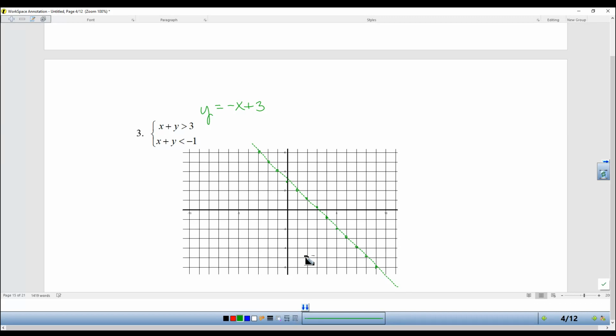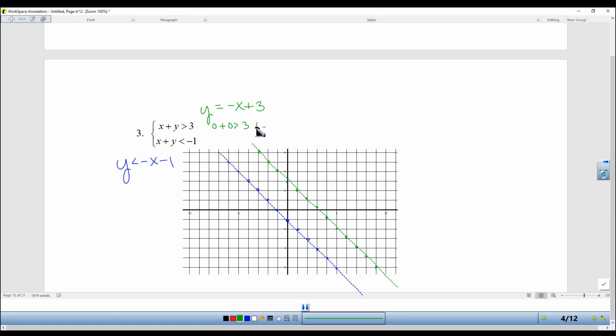And then my other line is y is less than negative x minus 1. So it also has the same slope, but a different y-intercept, and it is also dashed. So on the green one, if I plug in (0, 0), is 0 plus 0 greater than 3?